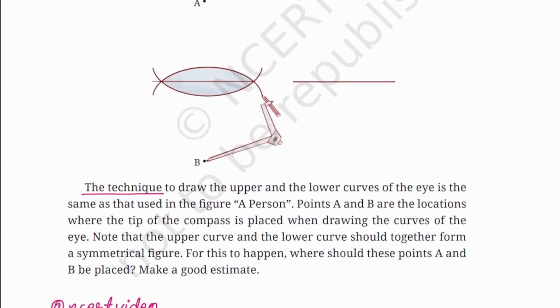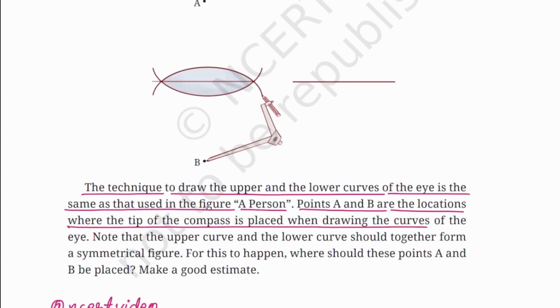The technique to draw the upper and the lower curves of the eye is the same as that used in the figure a person. Points A and B are the locations where the tip of the compass is placed when drawing the curves of the eye. Note that the upper curve and the lower curve should together form a symmetrical figure.